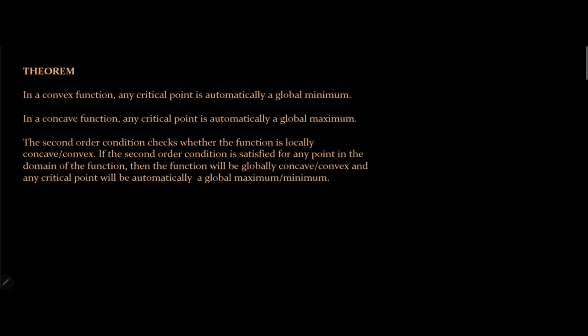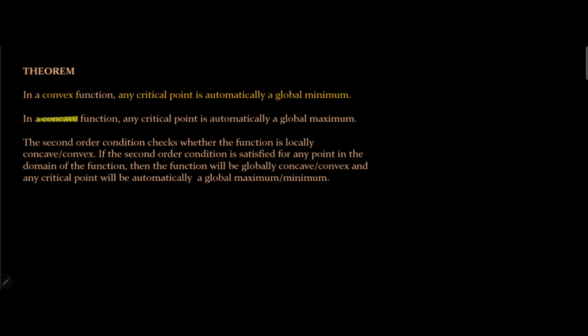These convex and concave functions have a very strong property concerning optimal points. If we have a convex function, because of its shape, then any critical point is automatically a global minimum, because the second order condition with the Hessian is the same as the condition for a function to have that particular shape of a convex function.